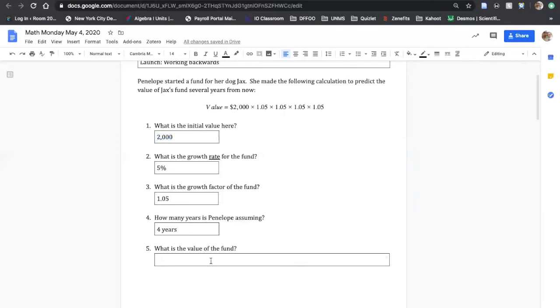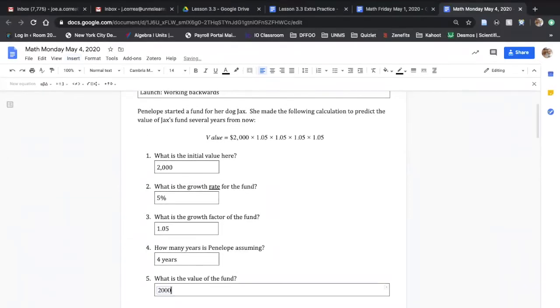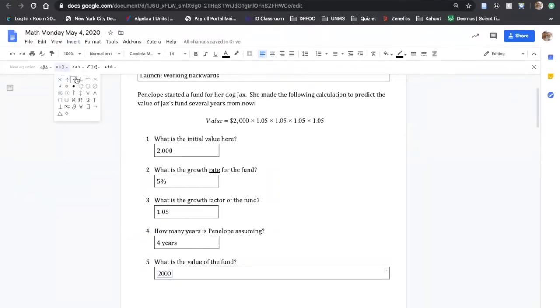So to actually figure out that final value, into a calculator I could just plug all this stuff in. 2,000 times 1.05 times 1.05 times 1.05 times 1.05, right? Or remember, we have exponents to deal with that notation. So a faster way that you could also write this is 2,000 times 1.05 raised to the 4th power, because it's being multiplied 4 times, right?